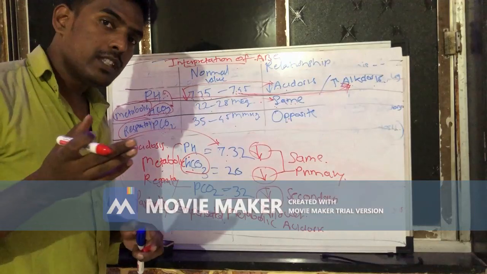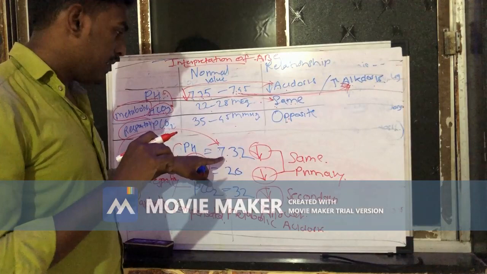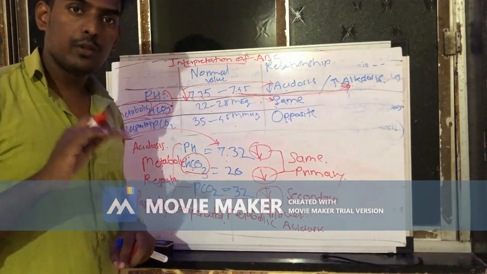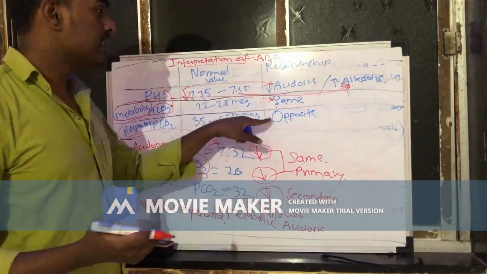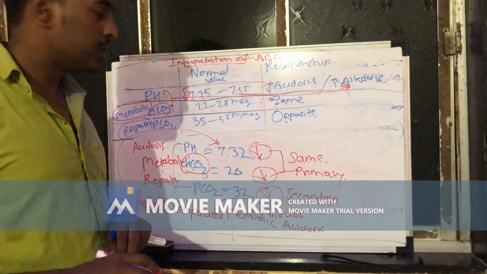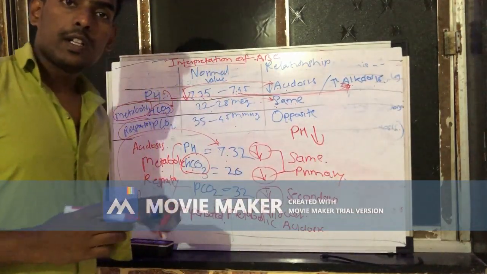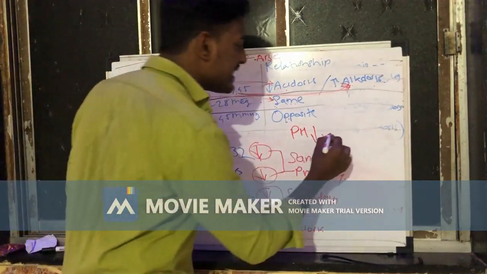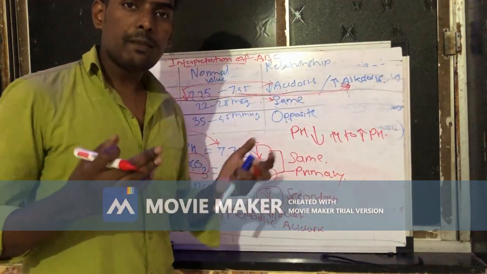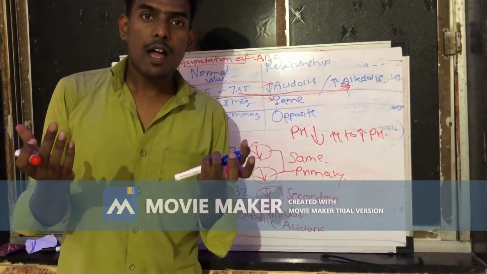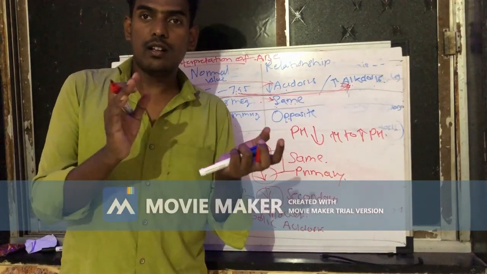So if your HCO3 is not there, who is going to increase the pH? Now pH is less over here, pH has to be increased. Who is the secondary component? PCO2. And what is the relation between pH and PCO2? Opposite. Now pH is less, then PCO2 tries to increase the pH. See, my blood is acidic now. I want to make my blood basic, normal, neutral.